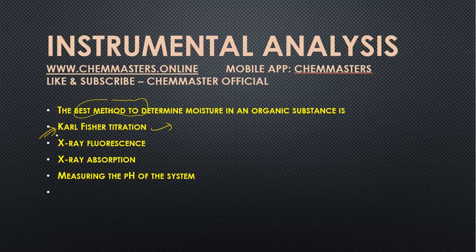So we need to choose the best one, because the Karl Fischer method has some disadvantages, in which the volumetric method has only a 50 ppm, parts per million, limit for titration to work. That means we cannot use Karl Fischer titration to find the water content of samples having less than 50 parts per million. Okay, right.